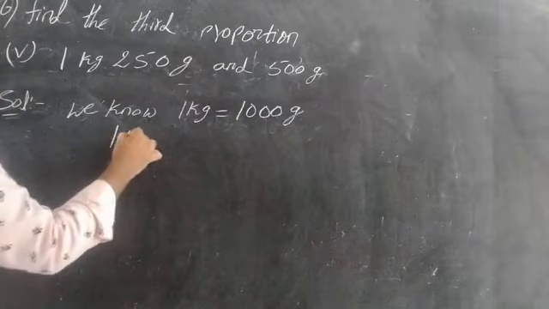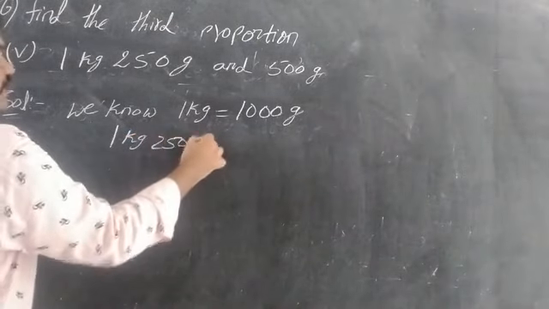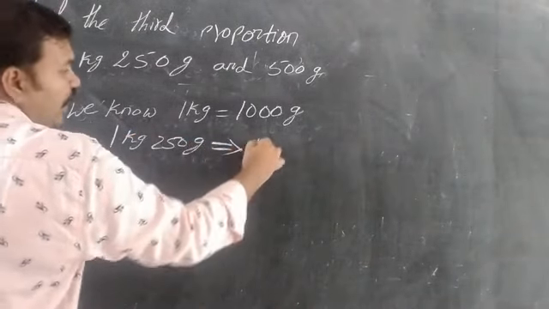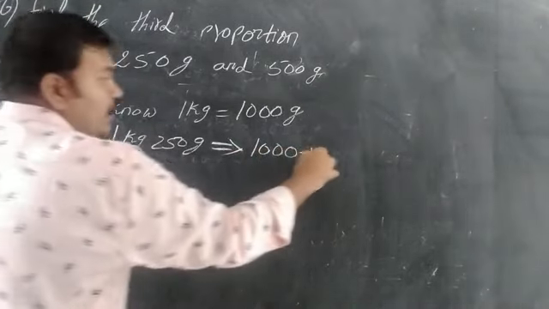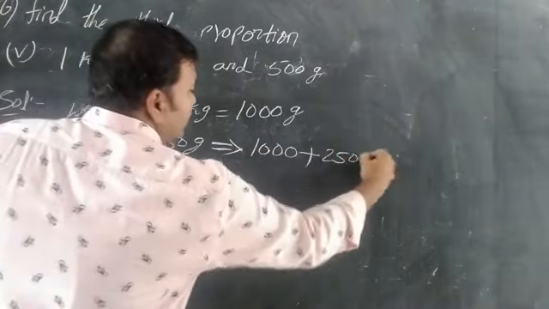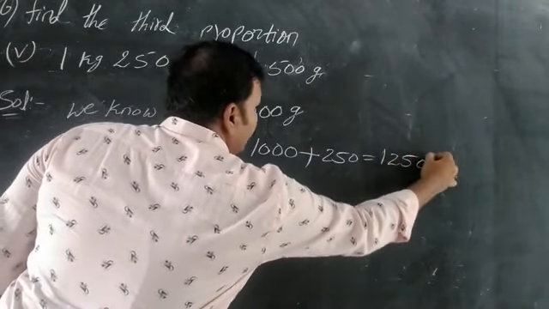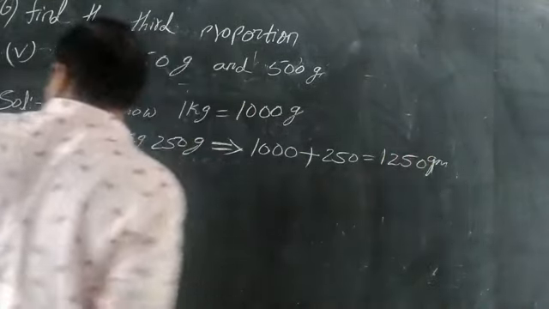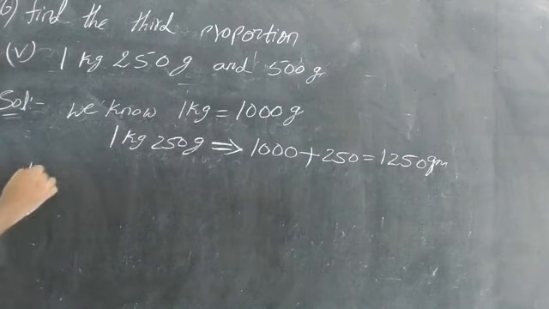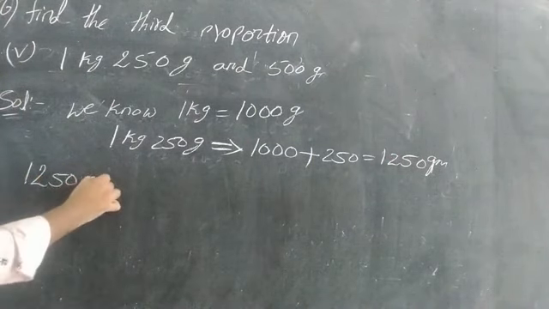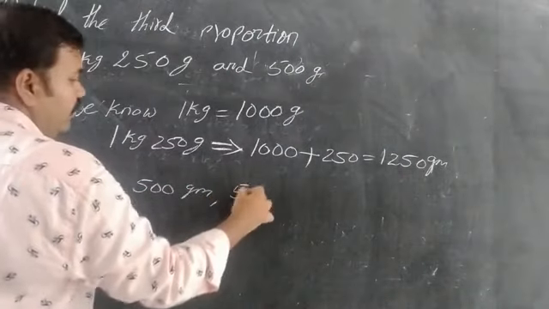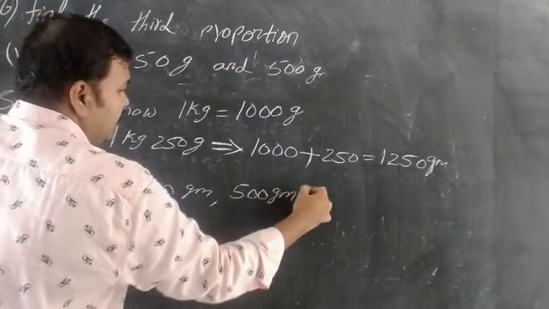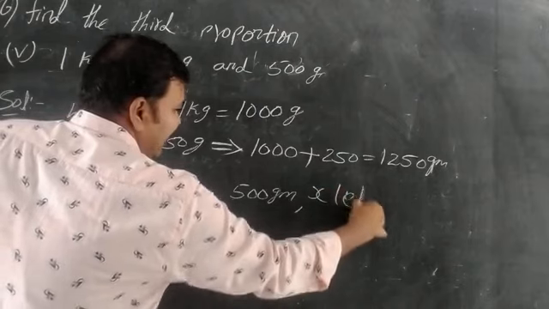So 1 kg 250 grams is equal to 1000 plus 250, which is equal to 1250 grams. Now writing the question: 1250 grams, 500 grams, 500 grams, x.